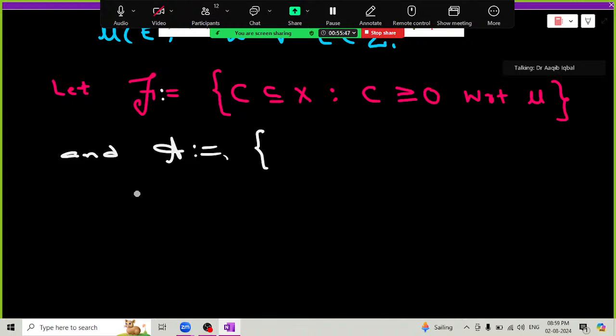Script A is a collection made up of these signed measures of elements of fancy F. That means basically we are collecting signed measures of these positive sets with respect to mu, such that C varies over fancy F. ठीक है.